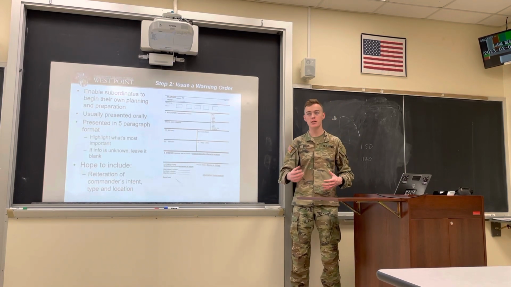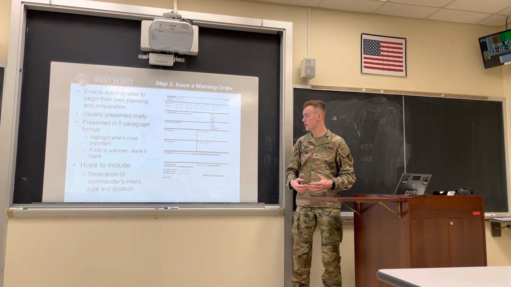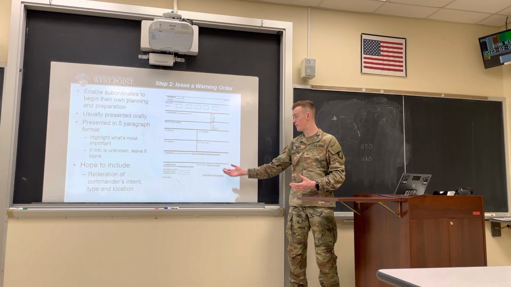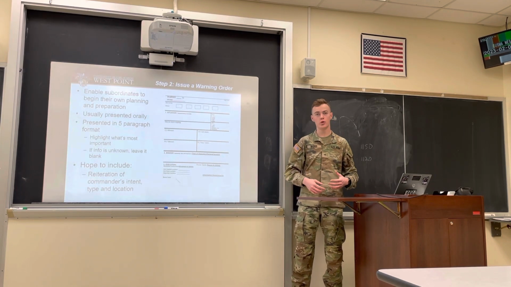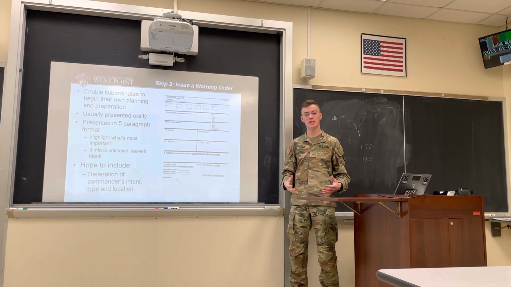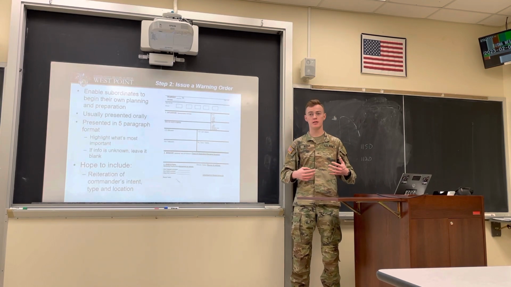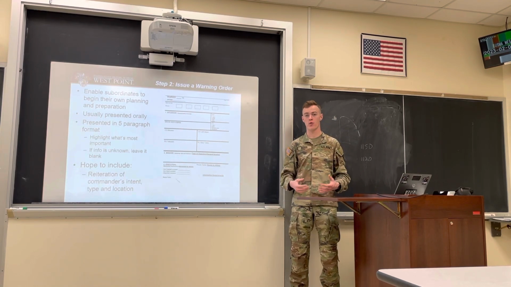Step 2, issue a warning order. This is kind of your mission statement. You can see that there's a mission statement in the actual pamphlet here, in the actual sheet, but what you're really looking at here is to give your soldiers the 5 W's. Who, what, when, where, and why. It's best if this is a pre-planned document, similar to what you see on the right side, but it's presented in a 5-paragraph format.